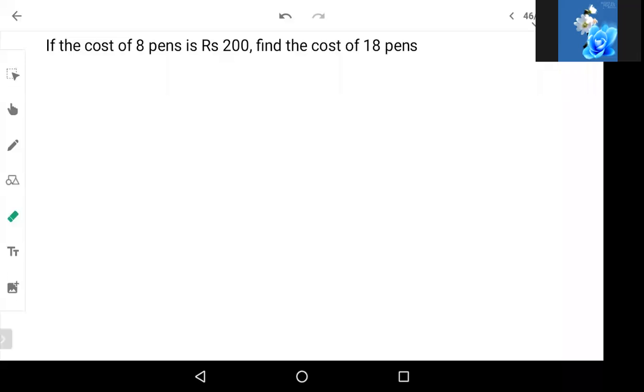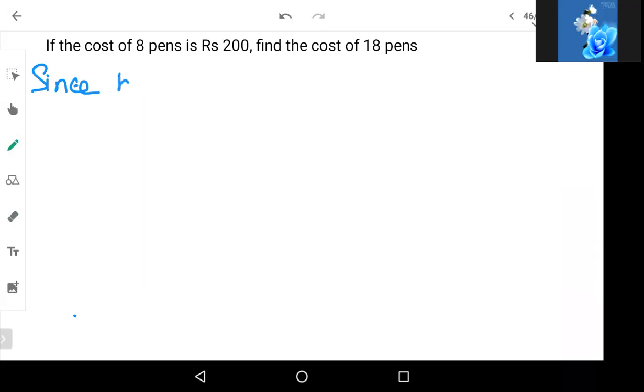Now give the explanation and solve the problem. So what is the explanation that you have to give? Simple explanation is also fine. Yes, x is equal to 450 is correct.